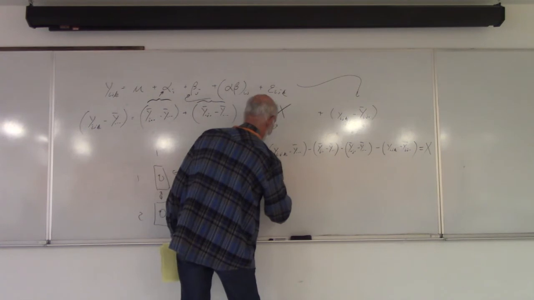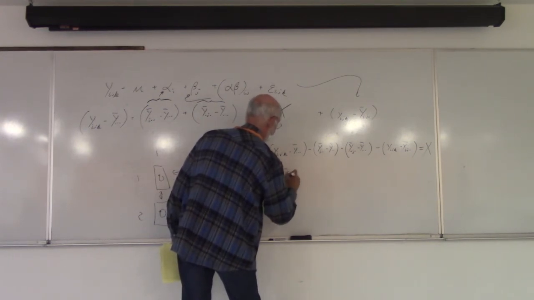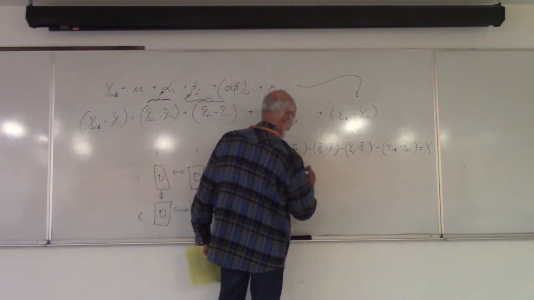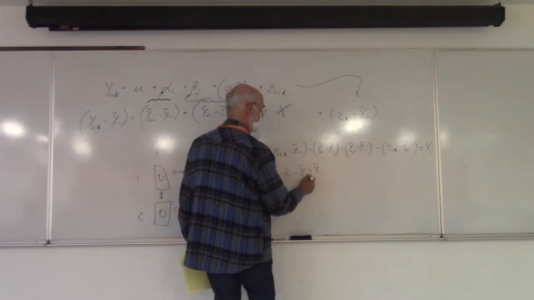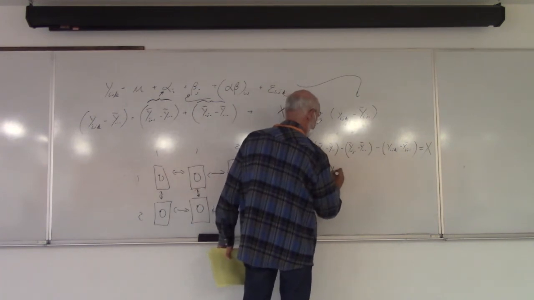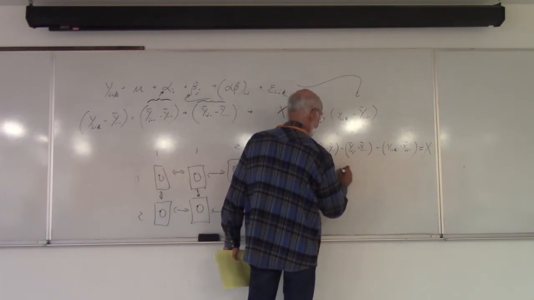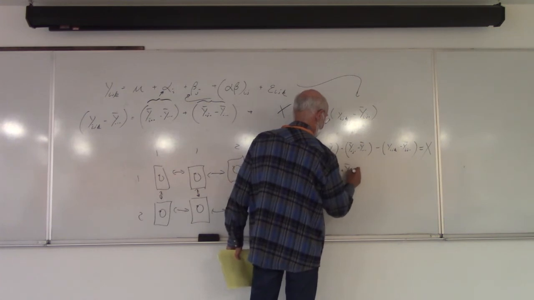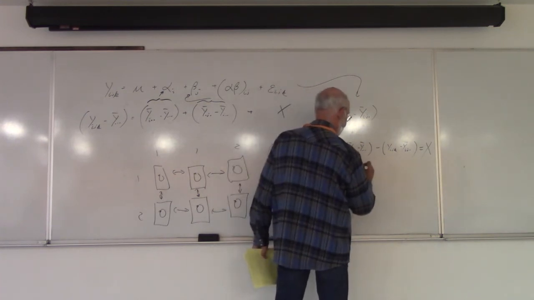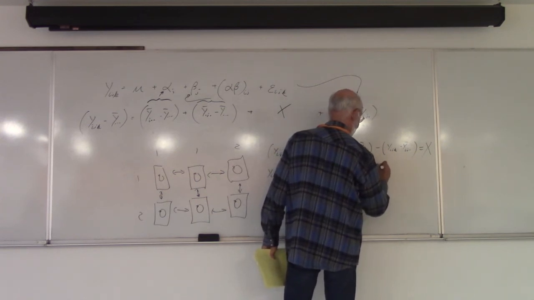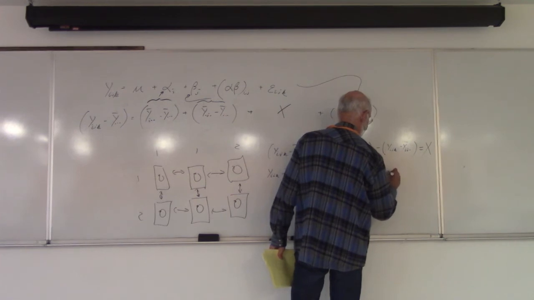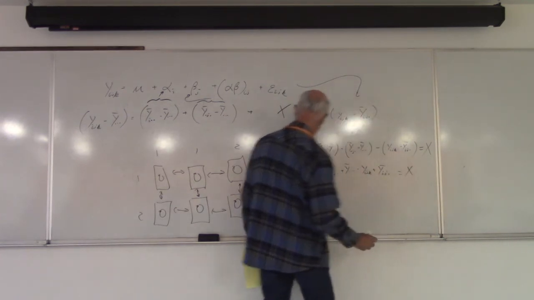Okay, so I have y_ijk minus y bar dot dot dot minus y bar i dot dot plus y bar dot dot dot, minus y bar dot j dot plus y bar dot dot dot, minus y_ijk plus y bar ij dot is equal to x.